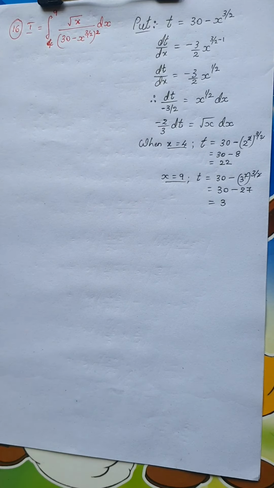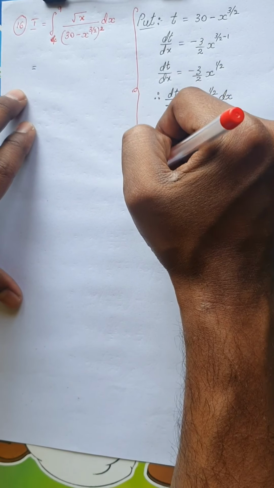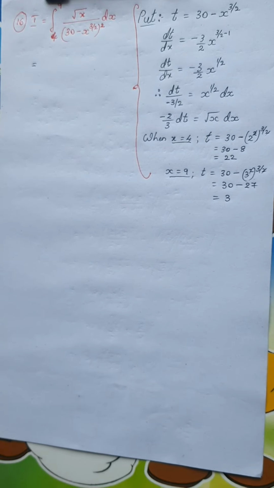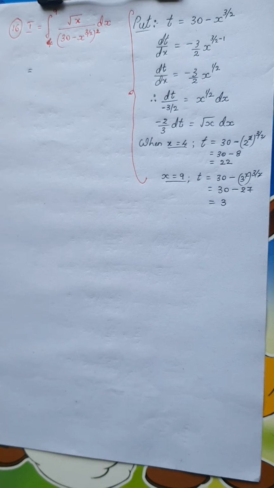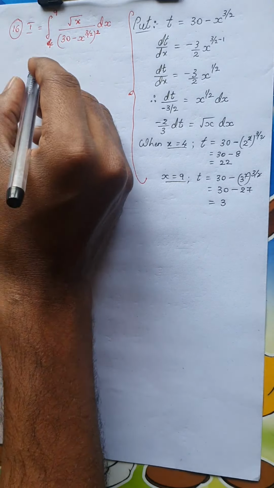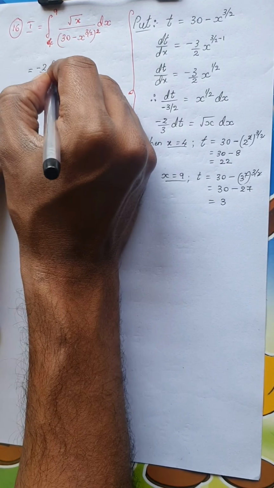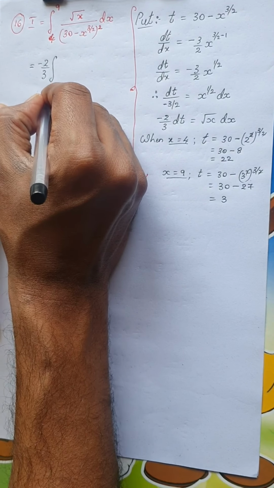So this is nothing but, now remember, this is the substitution part. It is always better if you keep it aside. Now I have a constant here. What is the constant I have with x here? So with dt I have minus 2 by 3. I am going to keep it outside. So it is minus 2 by 3 outside, integral from 4 to 9 becomes 22 to 3.